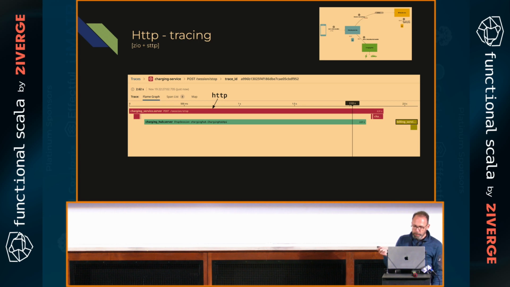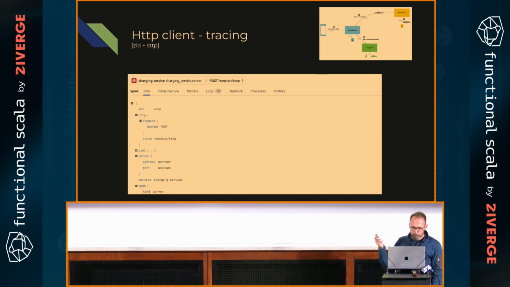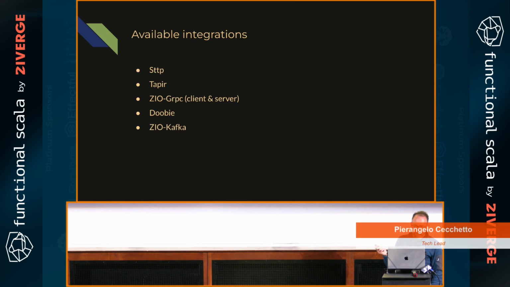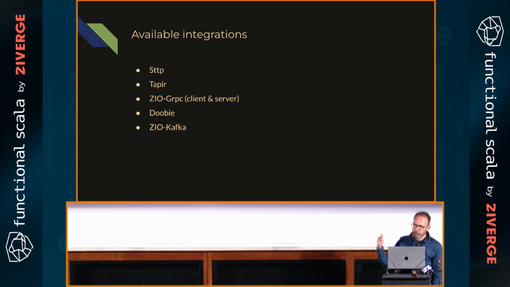So as a result, we will have this HTTP span appearing with all the attributes that, again, are compliant with the semantic convention. We do the same for outgoing HTTP calls, incoming HTTP calls with Tapir, for ZIO gRPC, both on the client and on the server, Dubbo, so we open a span every time we make a Dubbo transaction, and for ZIO-Kafka.